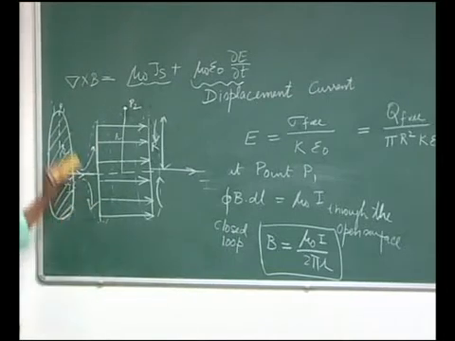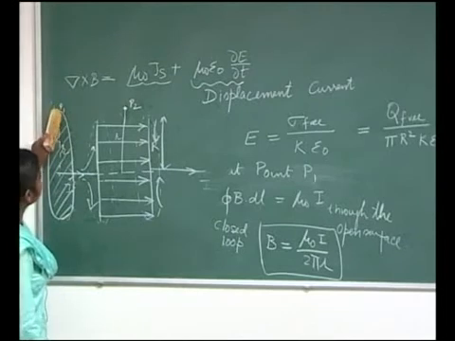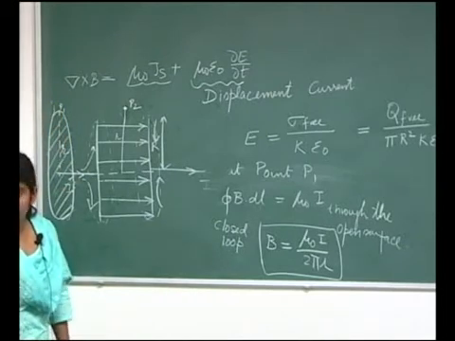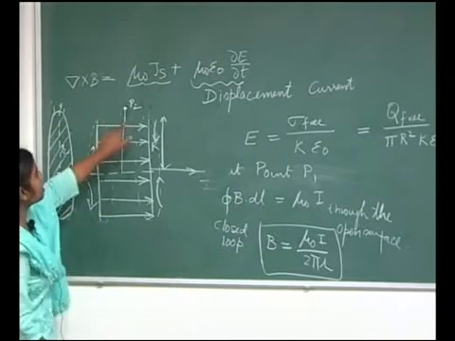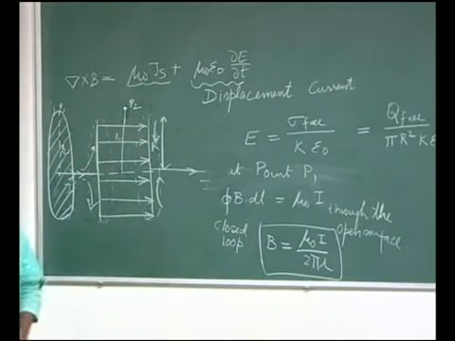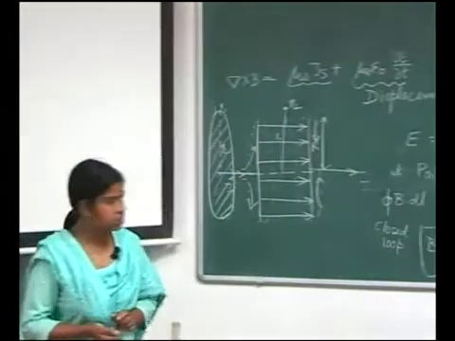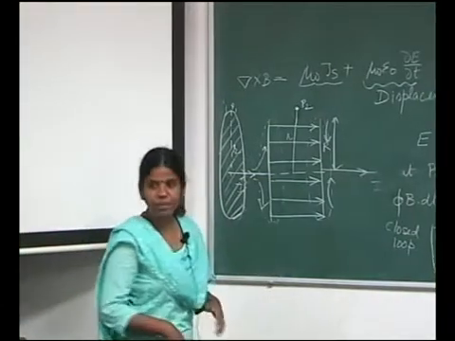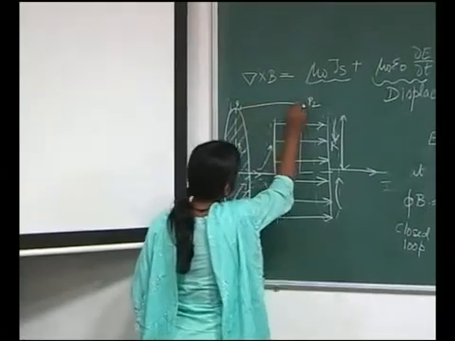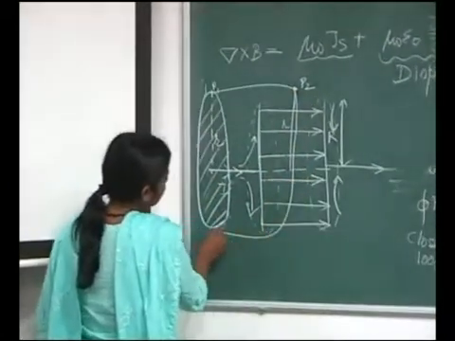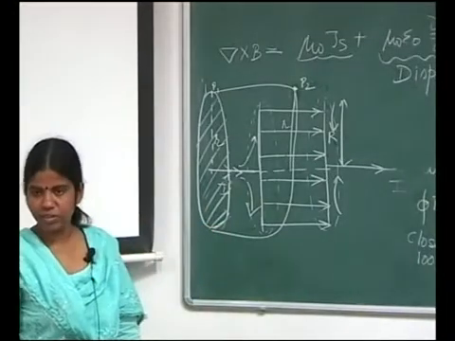Okay, so to calculate the magnetic field at point P2, I will have to redraw an open surface. That open surface need not be like this, it can be any open surface. So, I will draw a surface which goes like this. Now, this is my surface.